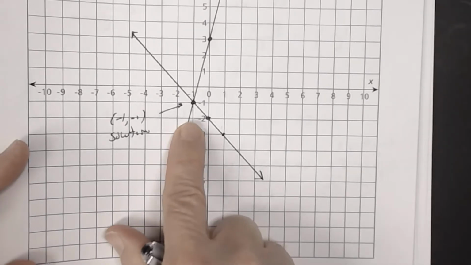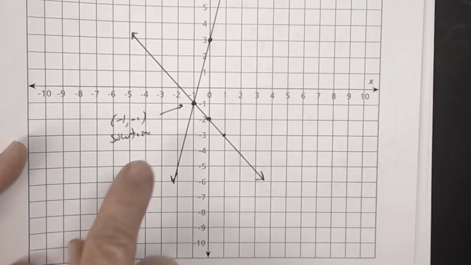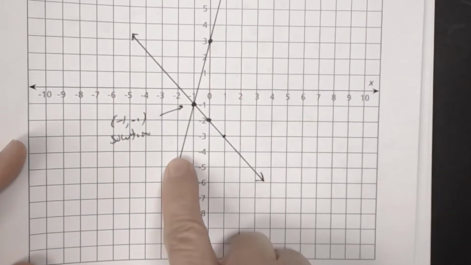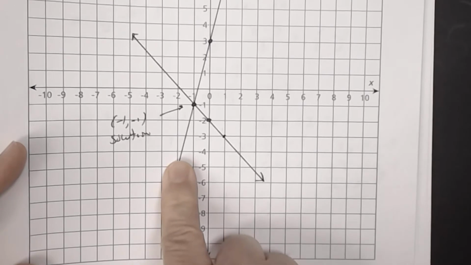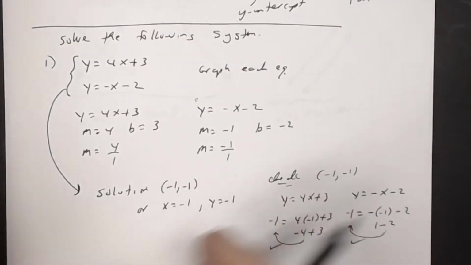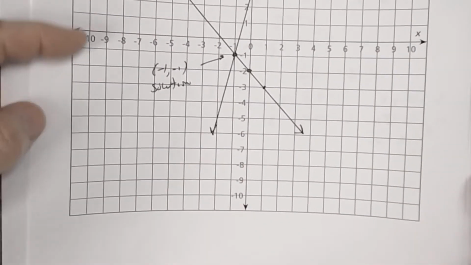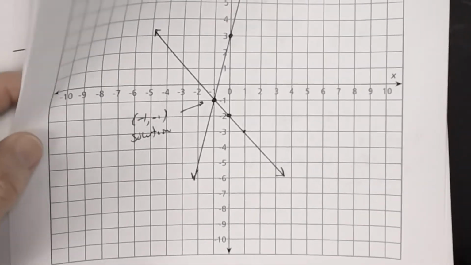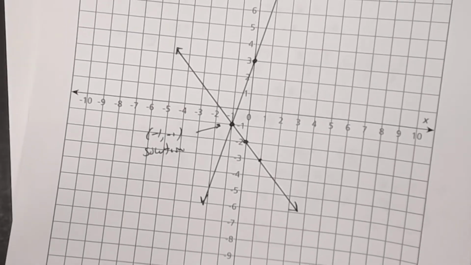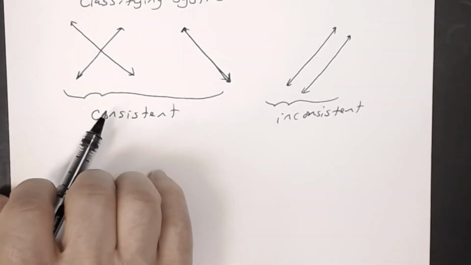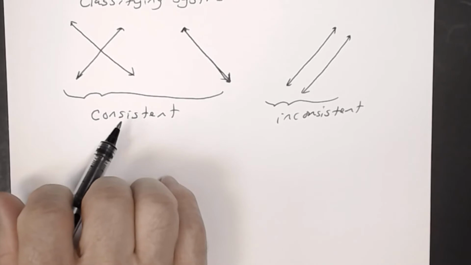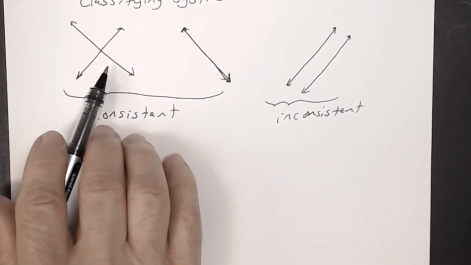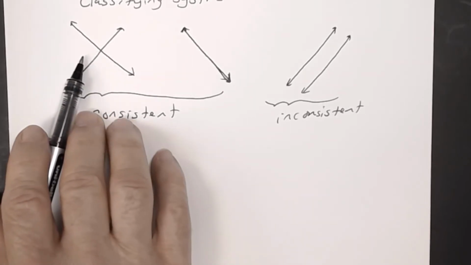Okay. So we consider each line independent of the other. Okay, so what that means is this. If you have a consistent system, then the lines that intersect at one point, they're independent of the other.